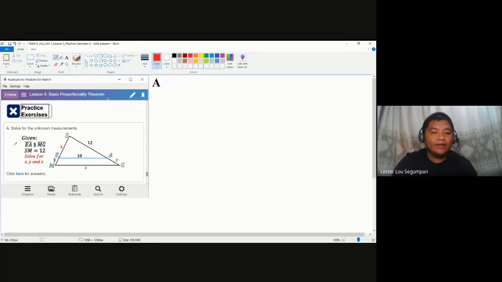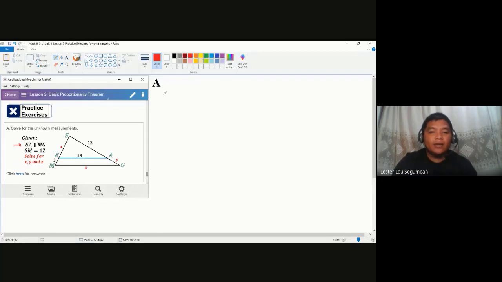We are already given that segment EA here, the blue colored one, is parallel to segment MG. The basic proportionality theorem tells us that the segments cut by the segment EA are proportionate to each other.